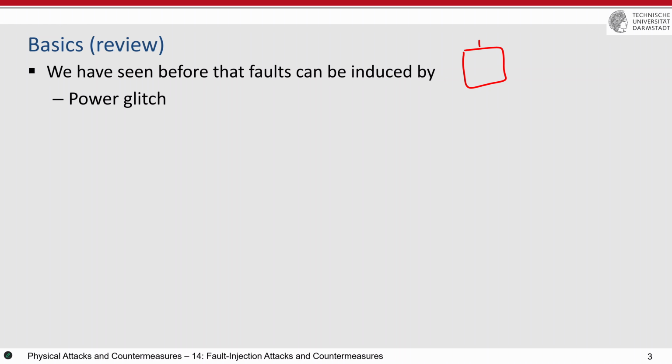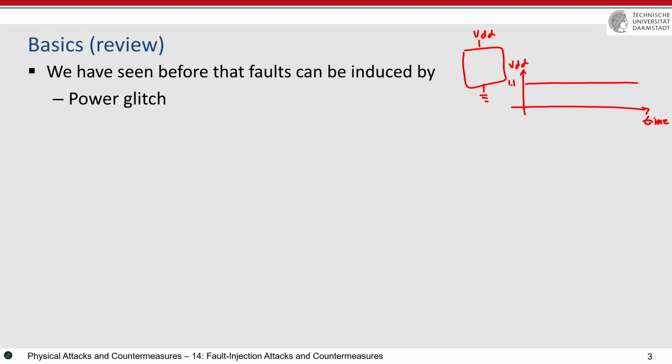There is a device, and this is the VDD, and this is the ground, and this is the time domain. For example, VDD should be at 1.1 volt all the time.